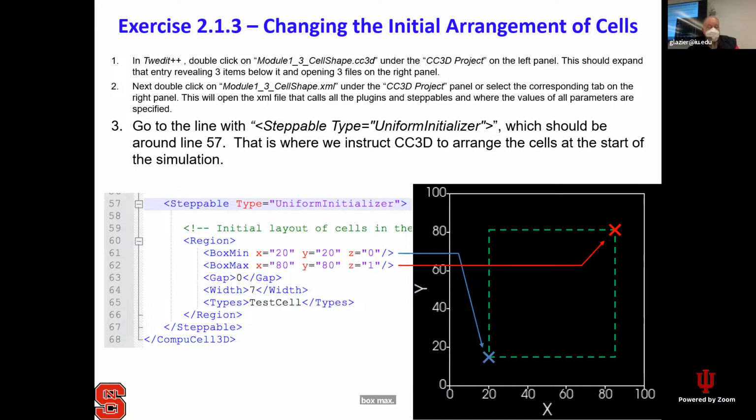Width says that the cells are going to be drawn as 7 by 7 squares. Type means that there's only one cell type. In this case, we only have one cell type, but we could have random mixtures of multiple cell types. And gap allows us to say that when we draw our squares, we have a little bit of space between them if we don't want them to touch. Okay?